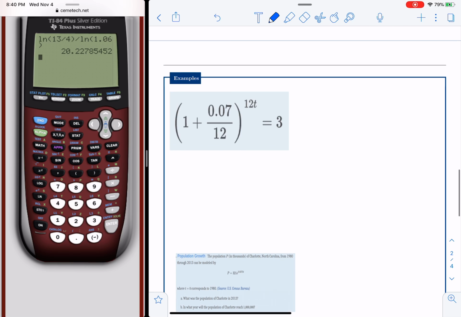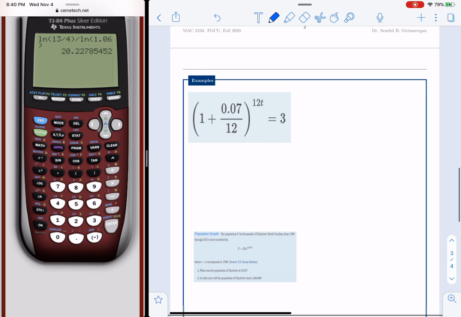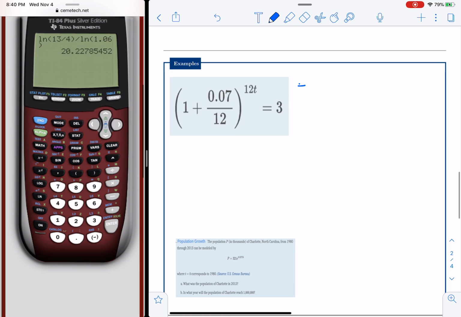This is a problem similar to the previous one, and we could actually simplify the term that is inside the power prior to finding the solution to t. Again, note that this is an exponential equation.